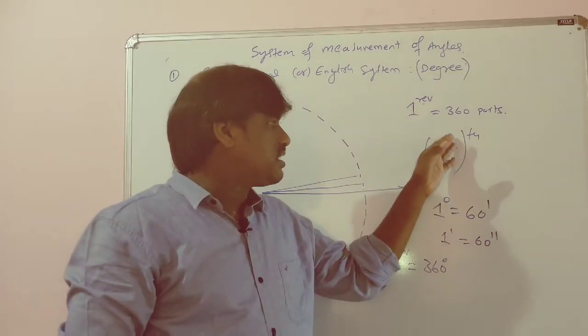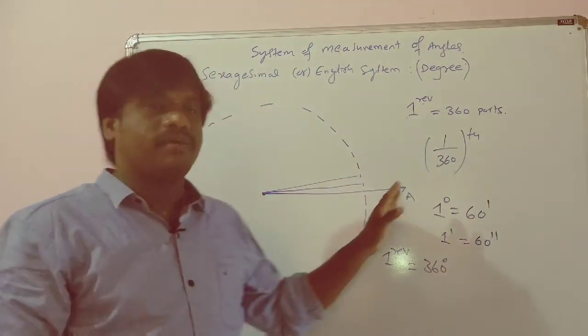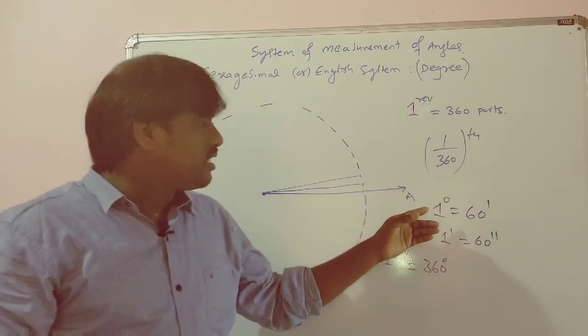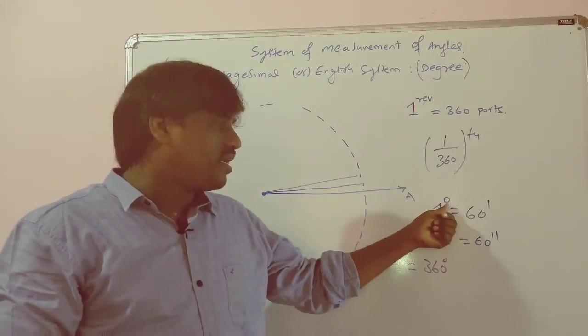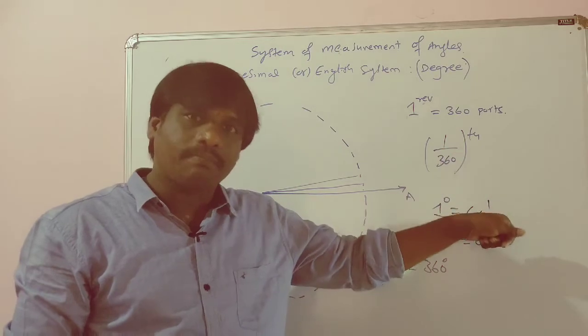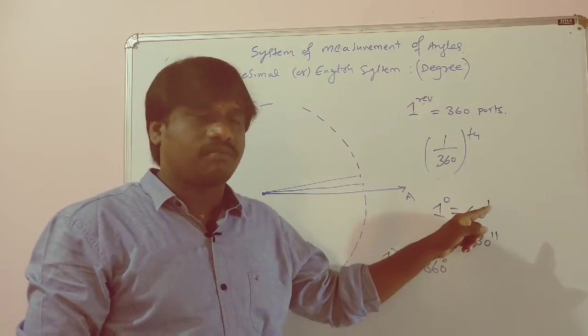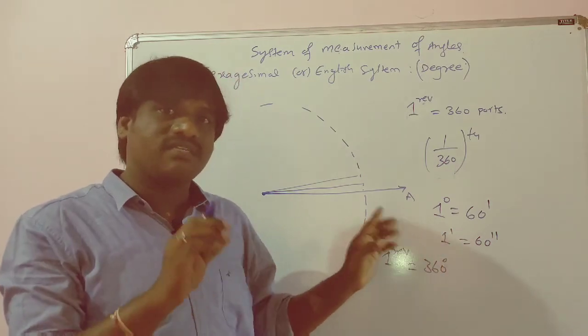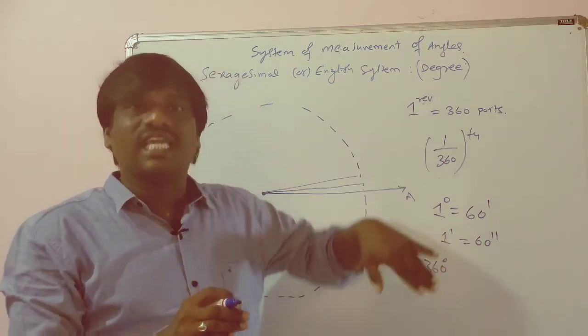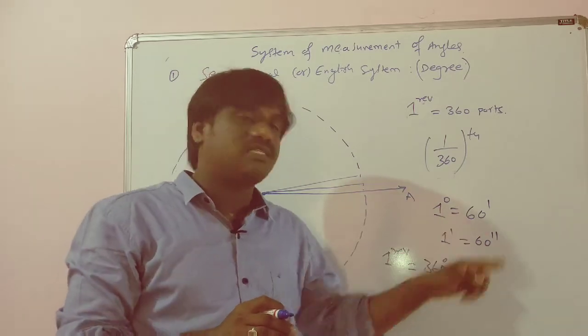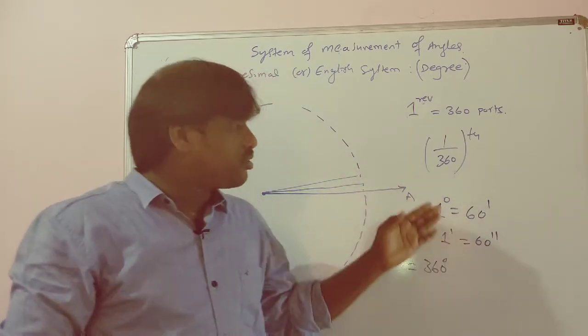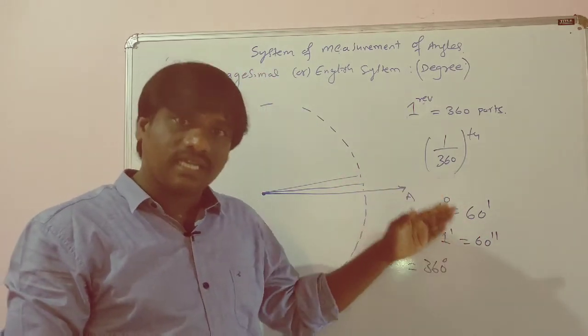It is divided into 360 equal parts, then 1 degree is divided into 60 minutes, and 1 minute is divided again into 60 seconds.